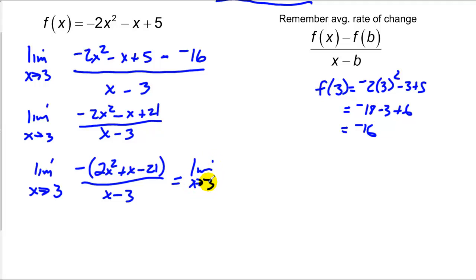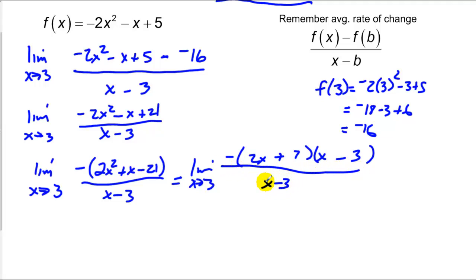So the limit as x goes to 3 of opposite of 2x and x. We need positive 1 and multiply to 21, so it's 7 and 3. Let's go 7 and 3 here, positive, negative. So luckily it factored in such a way that factor that I needed reduced out.